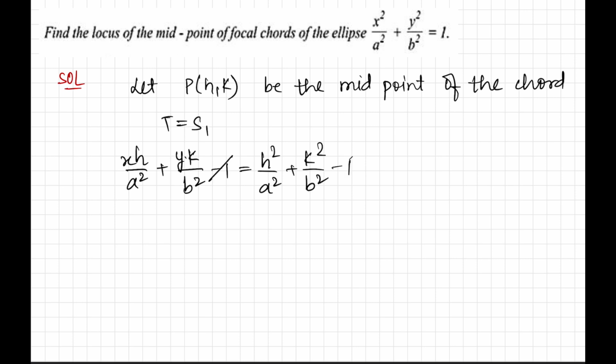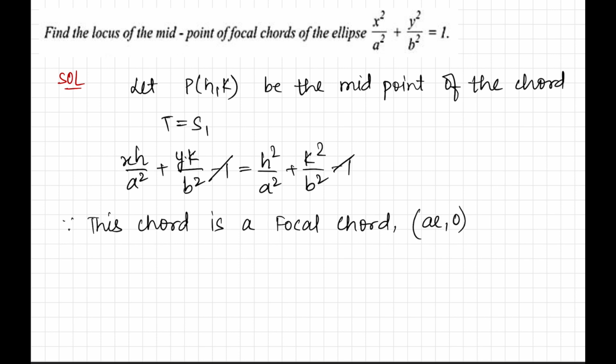So from here minus 1 we can cancel out from both sides, and since we want this chord to be the focal chord, we can do the following. Since this chord is a focal chord, (ae, 0) or (minus ae, 0) will satisfy the equation.